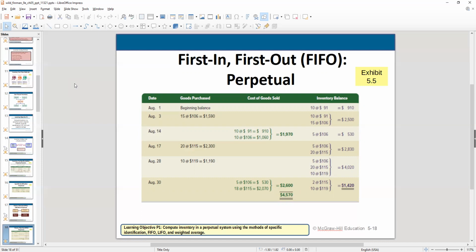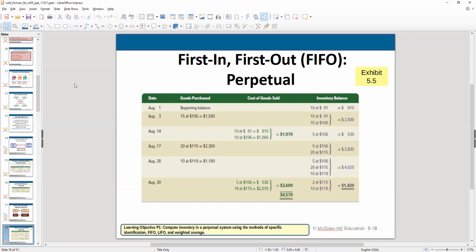Now, we have to account for the differences here in what we paid for the individual bicycles. So when we do the inventory balance column, we're going to show 10 at 91 and then 15 at 106. And so the ending inventory balance will be $2,500.